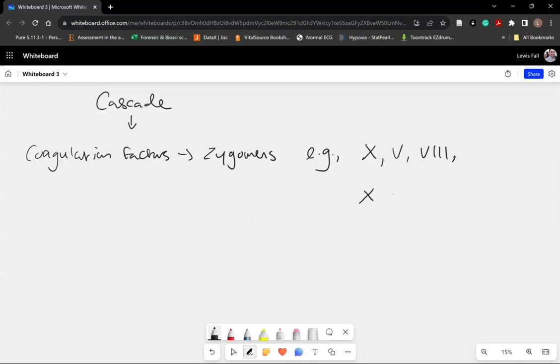And when they're activated, they gain a little A by the side of them. Like that. You may see some people put the bars on these, and I might do it actually. For some reason, we don't do that with 10, but hey ho. So that's that little bit of housekeeping.